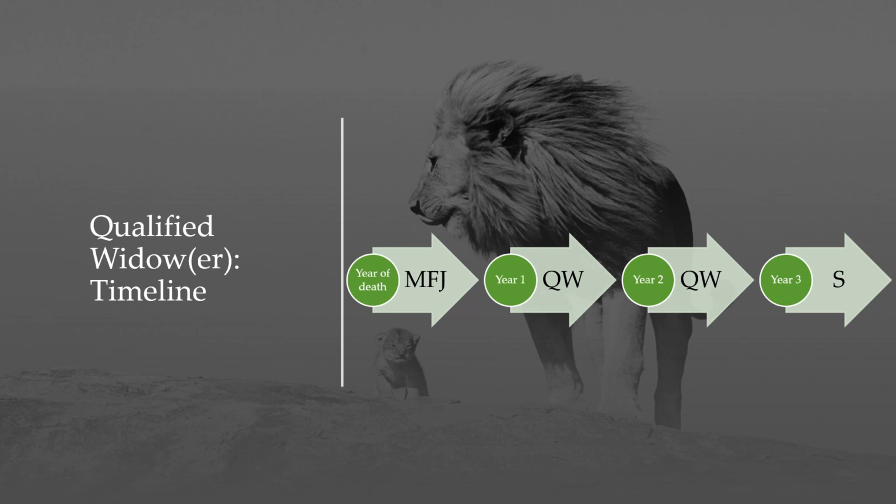Then in the next year after that, again, provided that they haven't remarried, they would use the qualified widow or widower status. And the next year as well, provided they didn't remarry. And then in year 3 and beyond, they would begin to file single again.